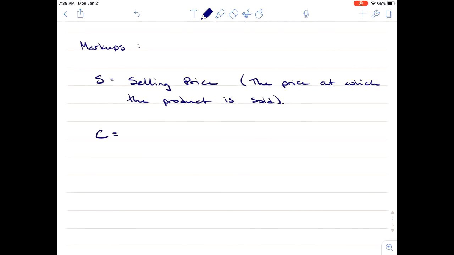C is the cost. This is the cost to the store to acquire the product.